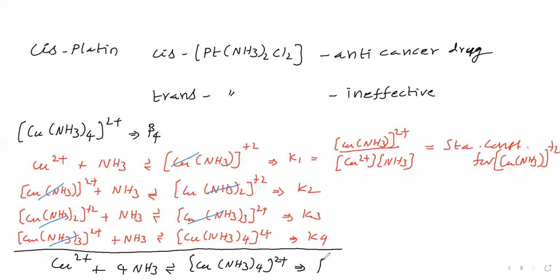For this the stability constant is beta 4, which is equal to K1 times K2 times K3 times K4. Since there are 4 steps, the stability constant is expressed like this.